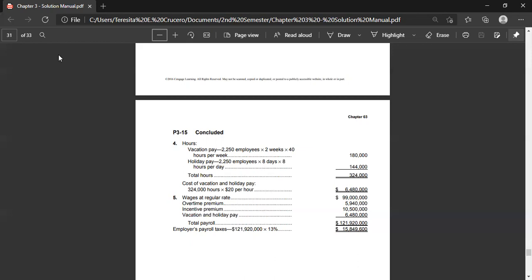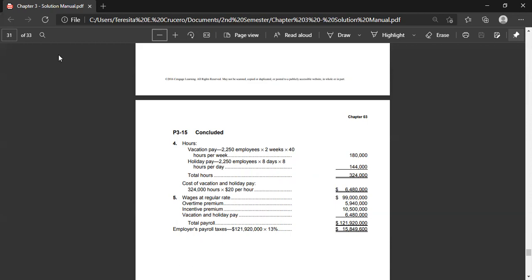So the wages at regular rate, 99 million, overtime premium, incentive premium, and vacation holiday pay. So the total payroll is 121,920,000. The payroll taxes of 13%. That's given.